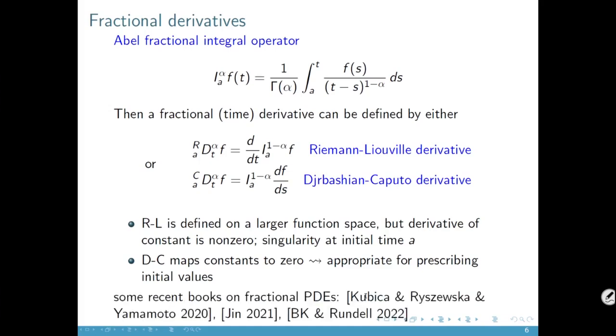And here's the time to point to some recent books on fractional PDEs. That's a non-exhaustive list, but it's sort of my favorite reading list. Well, at least two of them.